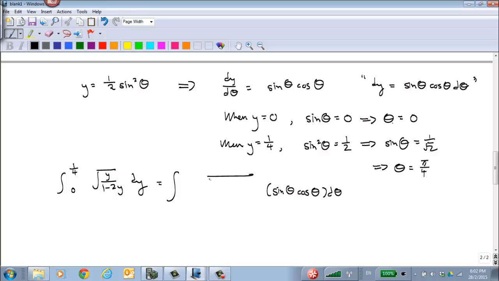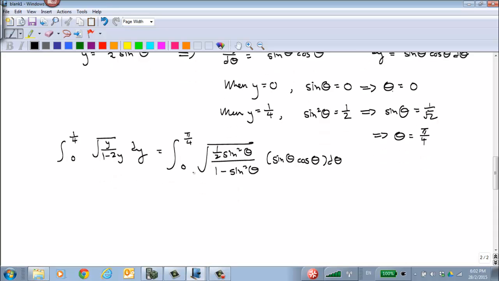Then this square root, your y is half sine square theta, and below is 1 minus sine square theta. Then the limits will be 0 and pi over 4 respectively. So with this, we are left with the simplification. Again, all constants you can pull out to make your life simple.